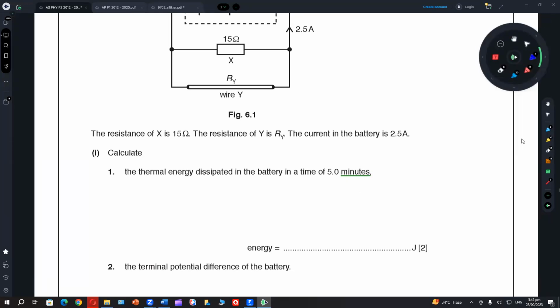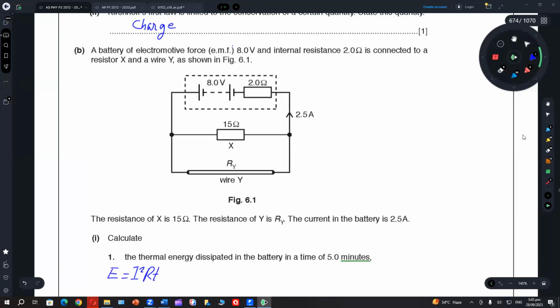The thermal energy dissipated in the battery in a time, so energy is equal to I squared R t. We have the current 2.5. Yeah, 2.5.